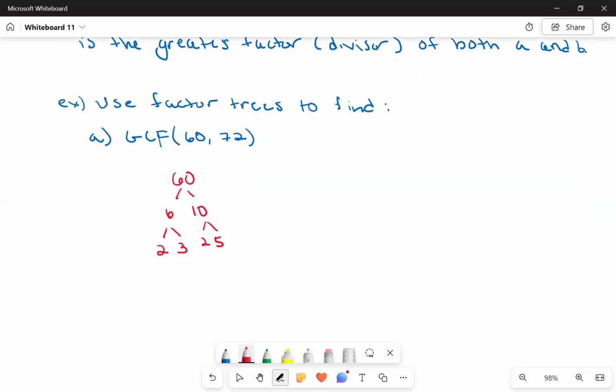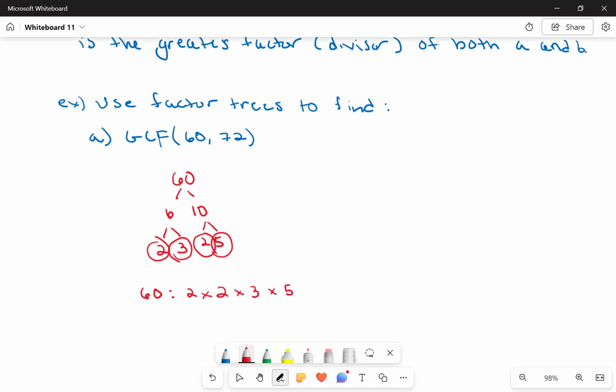And here, I'm going to list it in order down below. So 60 is 2 twos. So 1, 2, another 2. No exponents this time. 2 times 2, and then 3 and 5. Okay.